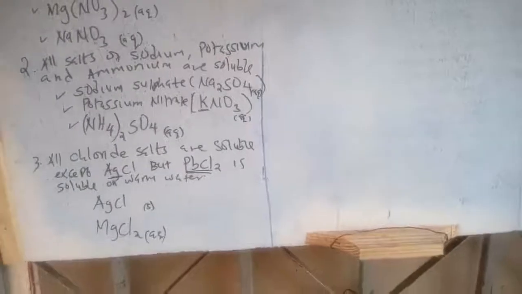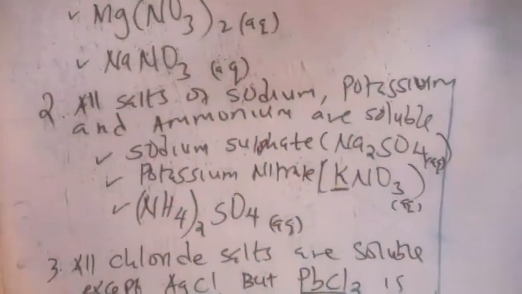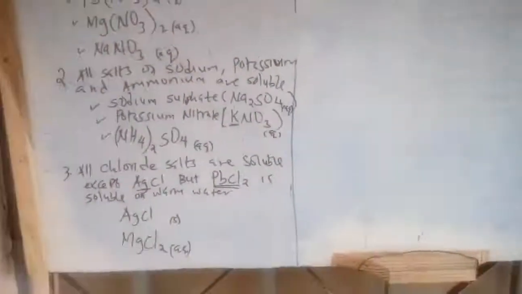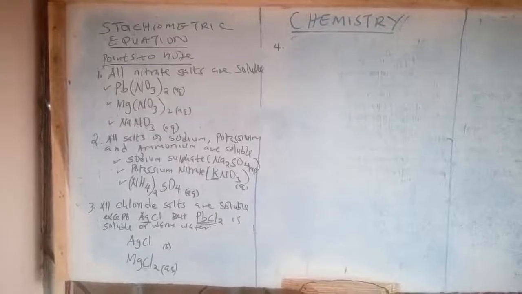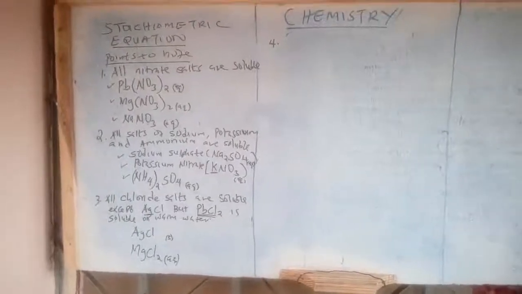And number four, the fourth point you're supposed to remember. These points are very, very important because they will also guide you in the topic of salts in Form 2.